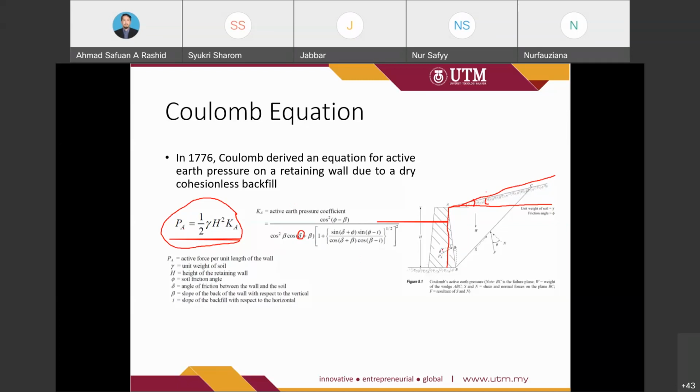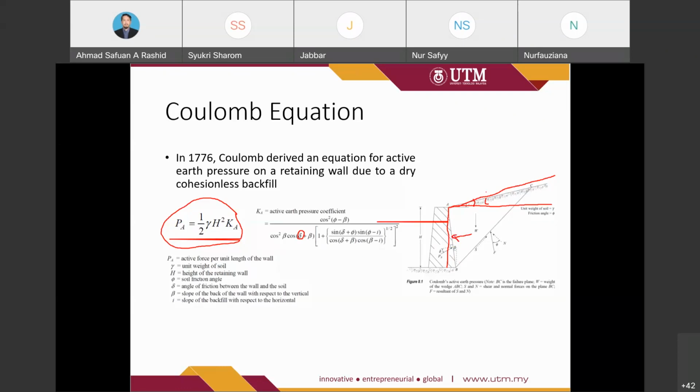For Coulomb, the total thrust, or the Pa, the direction of the Pa is not perpendicular to the retaining structure. For example, if it were perpendicular, it would be like this.